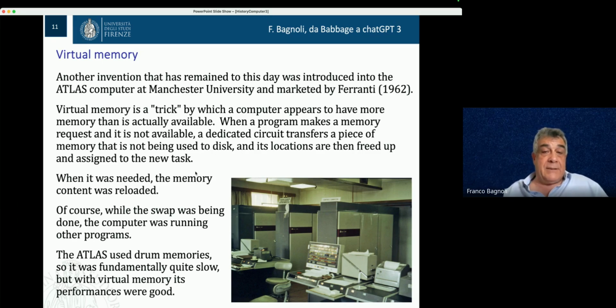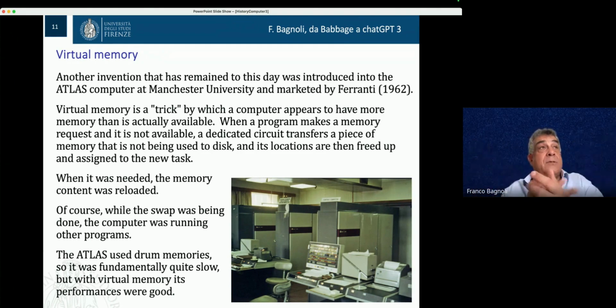But what people started to do was to have some hardware circuit, and also clearly software, able to fake the computer when you ask for more memory than what was physically available, saying, okay, I'm giving you the memory, but actually what it does is dump memory to the disk, for instance, free the space, and give back to the program that asked for it the pointer to the new part of memory.